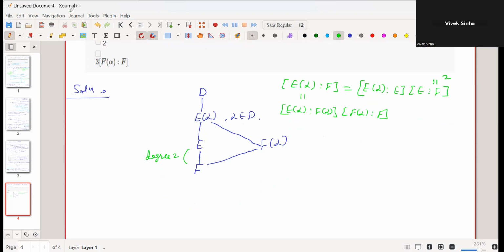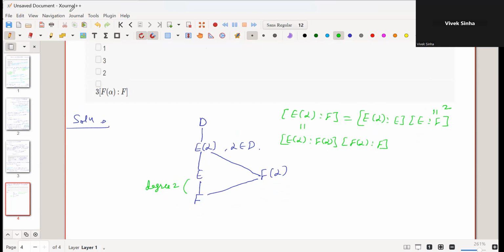This is nothing but the degree of the minimal polynomial of alpha over E, right? The minimal polynomial that is satisfied by alpha.